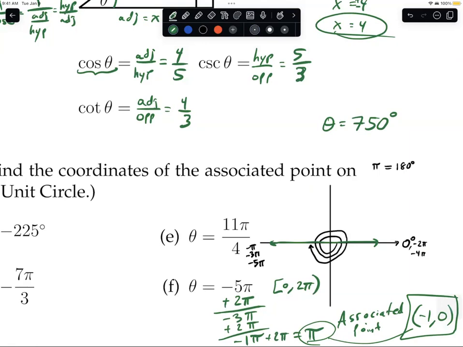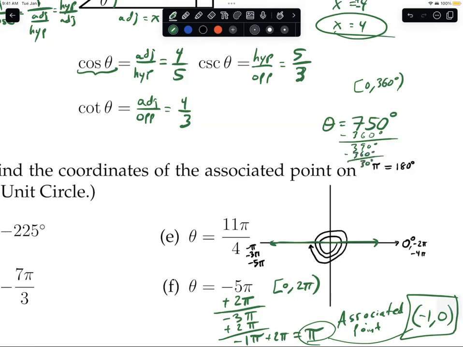So, that's a very large number. It's larger than 360 degrees. So we could subtract 360 degrees to get 390 degrees. And this is still outside of 0 to 360, so we could subtract 360 again to get 30 degrees.